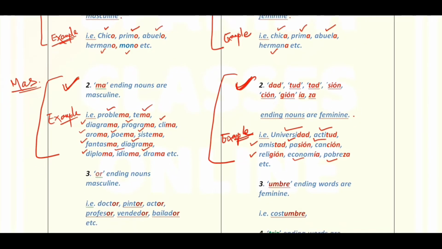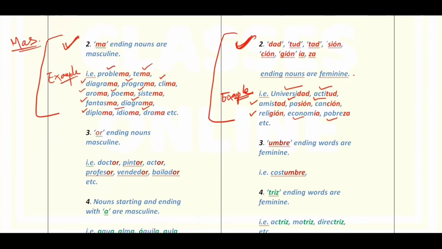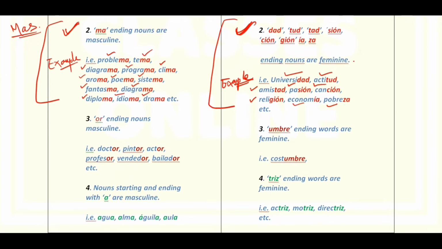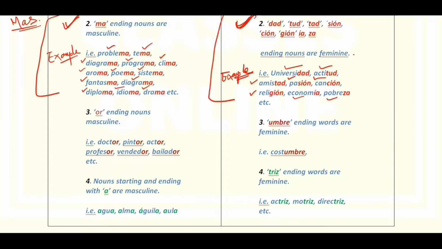Now coming to point 3. See. If any noun is ending with OR, it is masculine in nature.